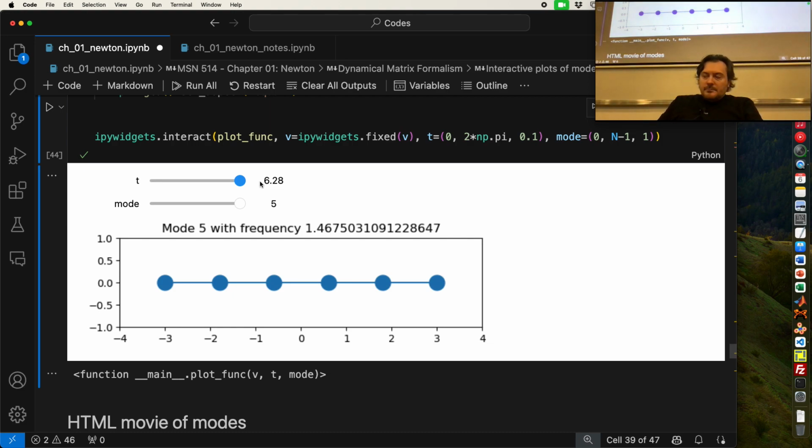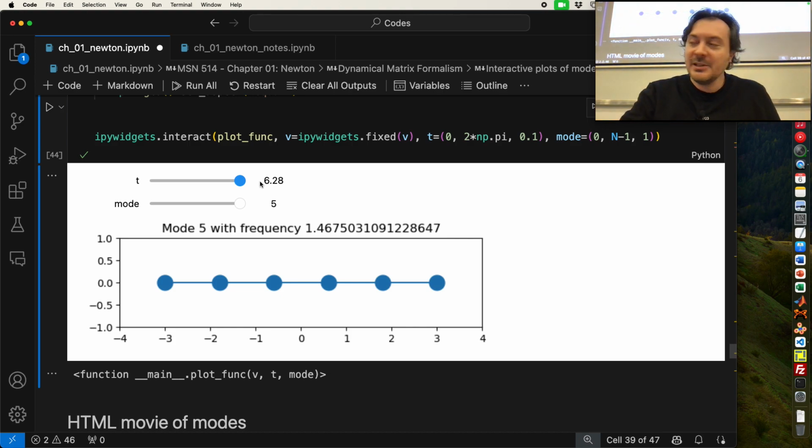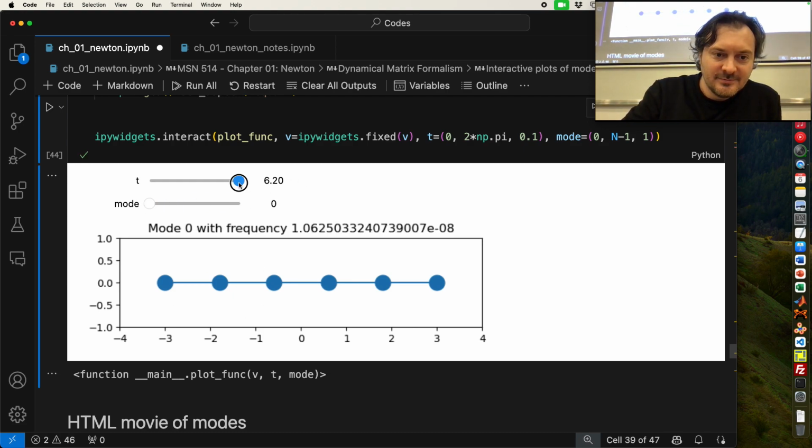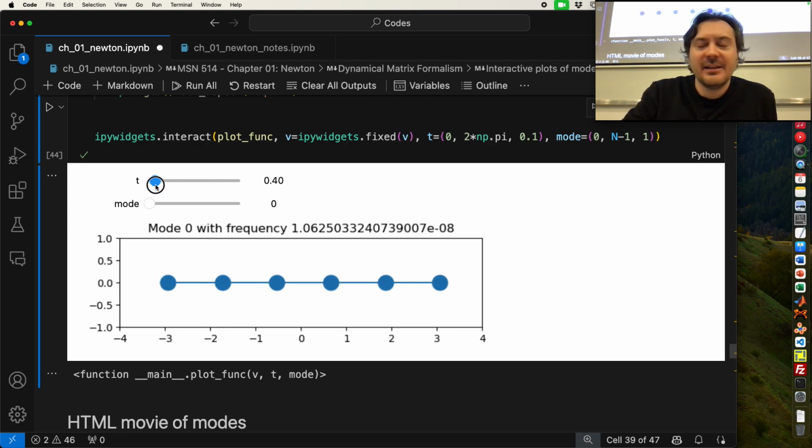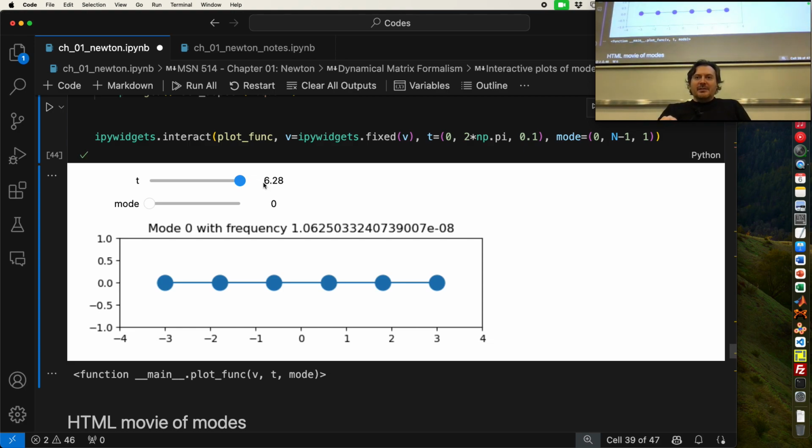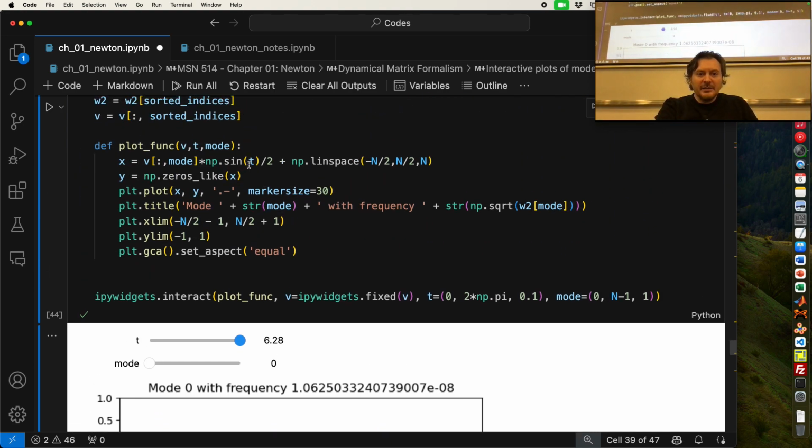Yes. Can you go through mode 0 again? Mode 0 again, yes. Let me guess your question. Why is it moving at all? Why is it still vibrating? Exactly. There's no going back and forth. So what I'm doing here is I'm just putting it as an interactive plot, and I'm actually not multiplying this sine with omega.